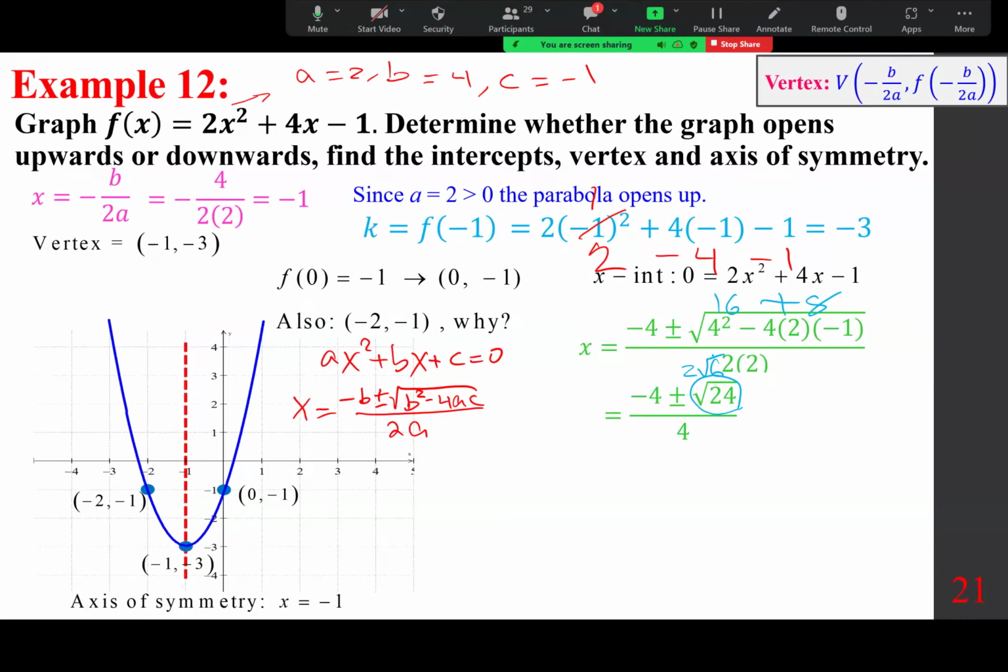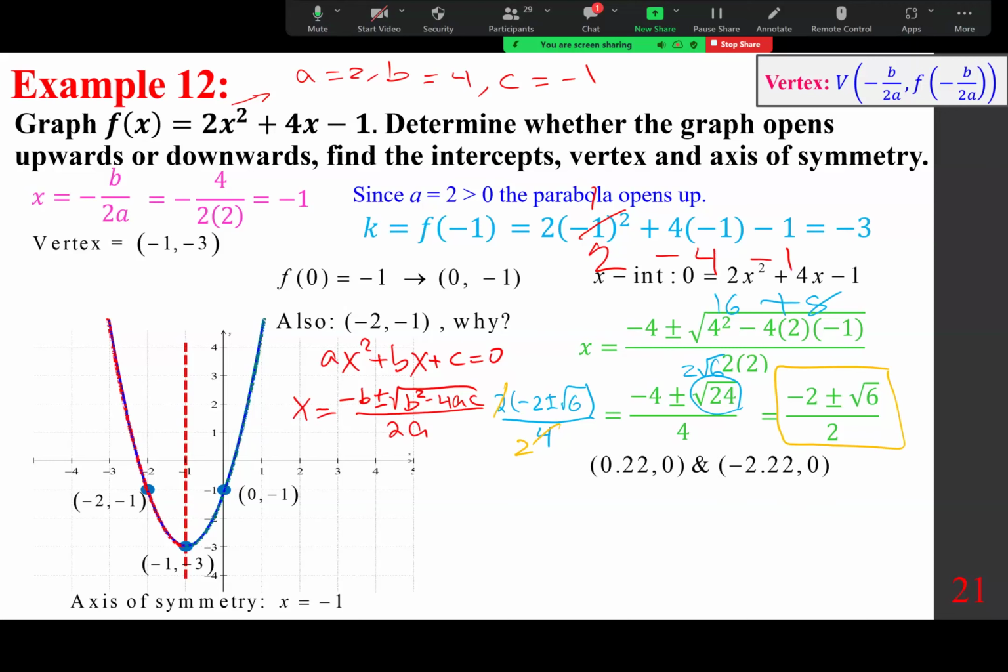You can factor the 2 out. And we get, this is an exact answer, which means minus 2 plus square root of 6 over 2 and minus 2 minus square root of 6 over 2 comma 0.